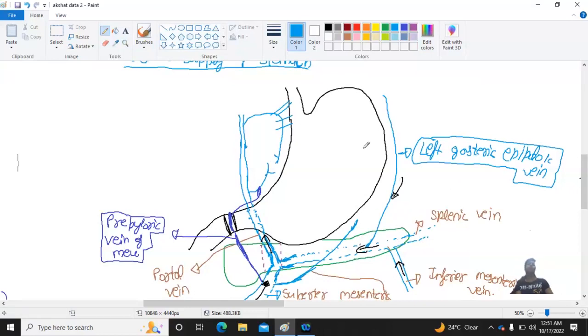Some short gastric veins come from the fundus region and then drain into the splenic vein. These are called short gastric veins.